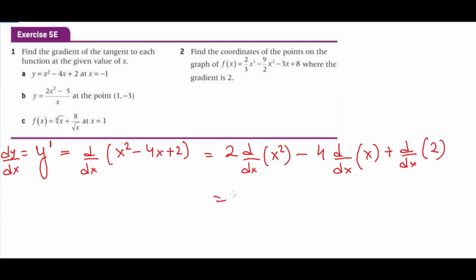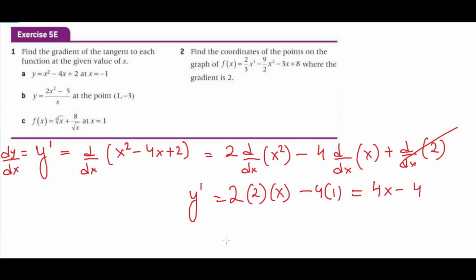So you get 2 times 2x to the power 1, minus 4 times 1, and this is a constant, so 0. So you get 4x minus 4, that is your y dash.